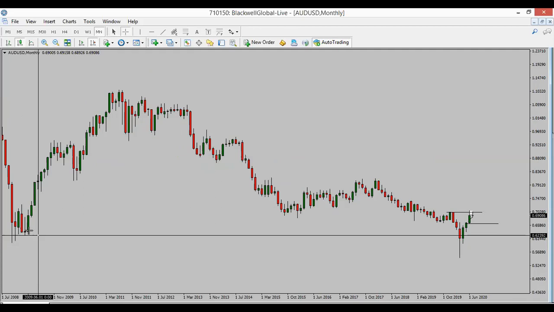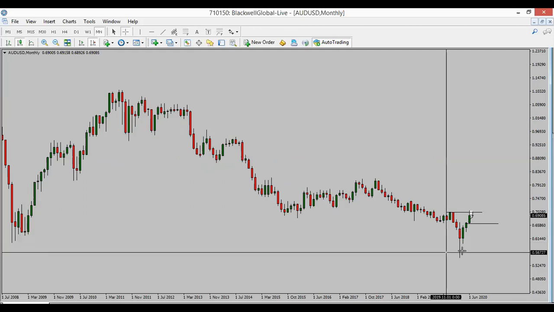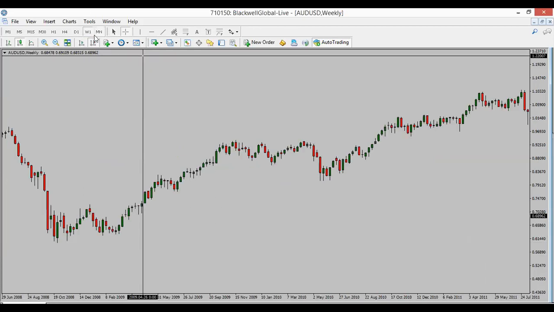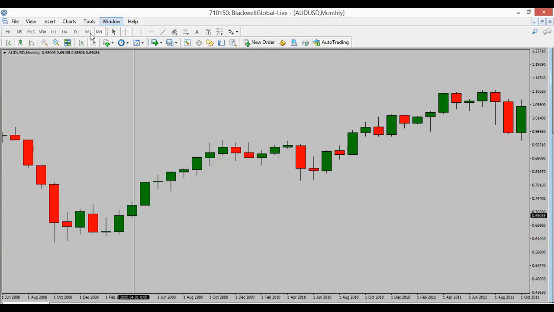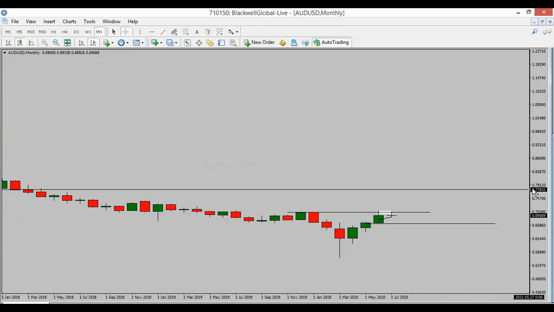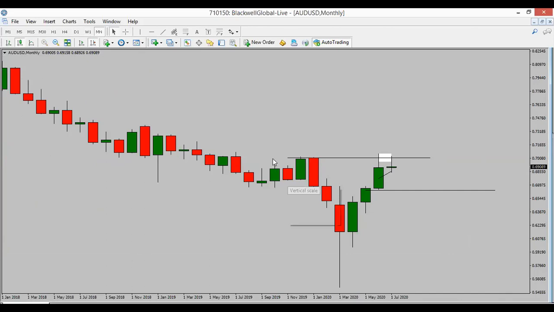It's bouncing off a very good support level. So when we bring that up, you can see on the way up, it has met resistance on the monthly level.